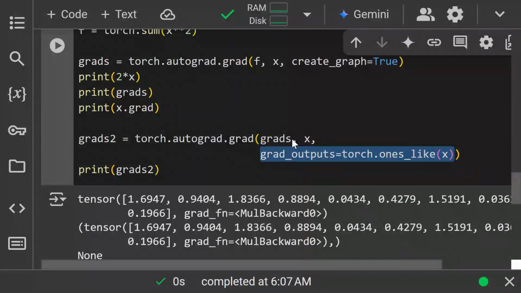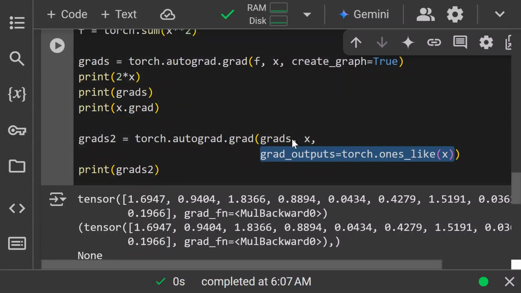What PyTorch does is compute the vector Jacobian product, called the VJP. So instead of storing the actual Jacobian, PyTorch stores that VJP. Therefore, when you compute the derivative of a vector valued function, PyTorch expects not only the function and the variable, but also that vector, which you have to supply.